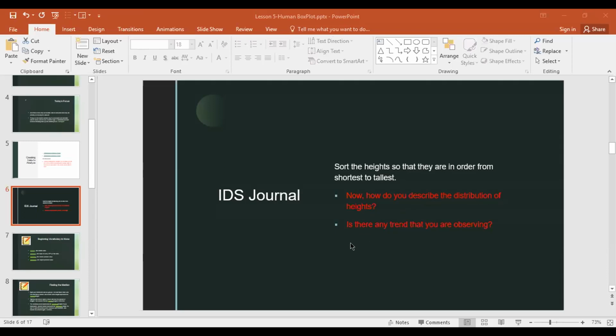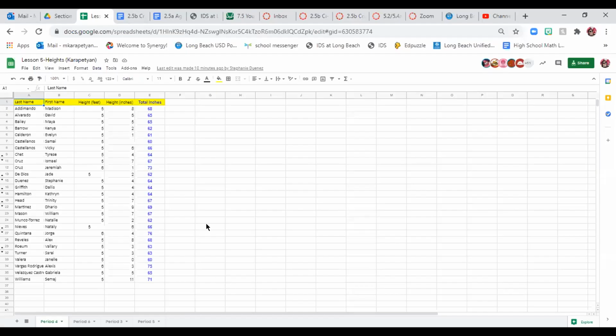Is there any trend that you are observing within those heights? These questions are on your IDS journal, so I'm not going to project the PowerPoint. Instead, I'm going to project the spreadsheet in case some people are unable to view it.